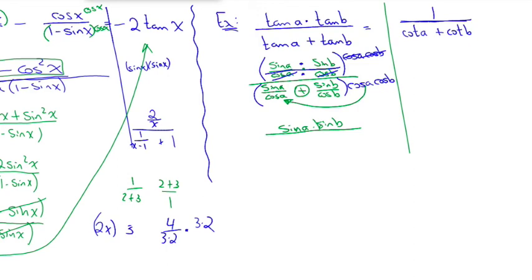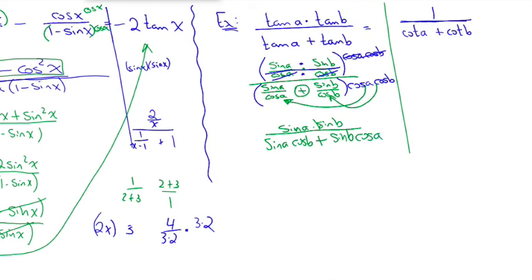The cosine A's are going to go poof, and you're left with sine A, cosine B plus, when I distribute it to the second fraction, sine B over cosine B times cosine of A.